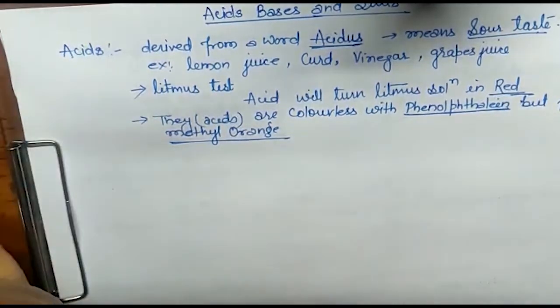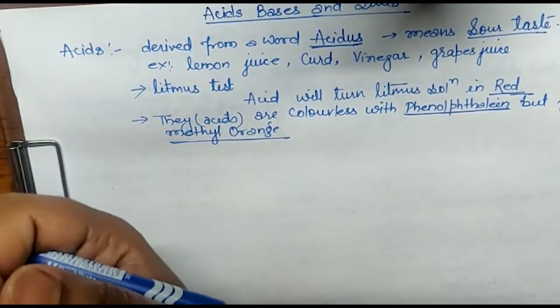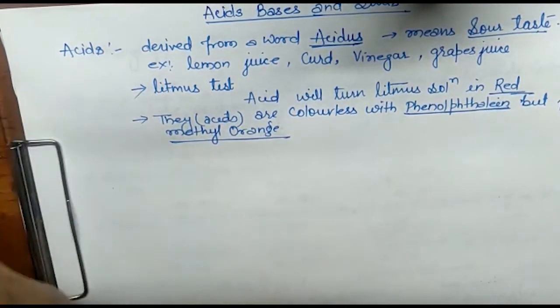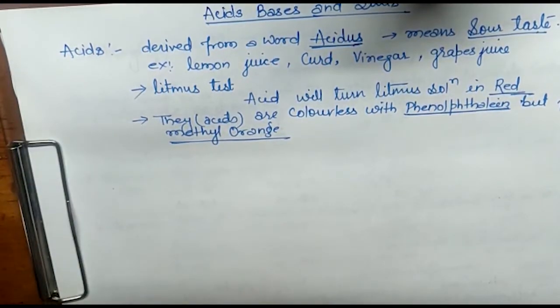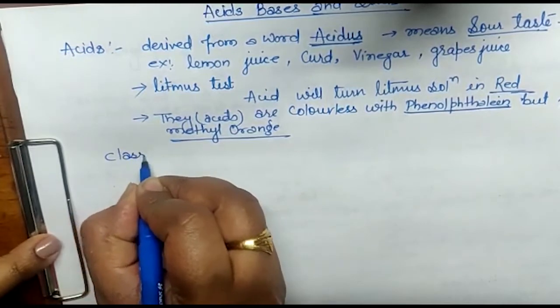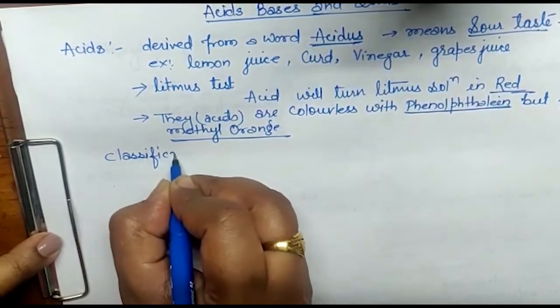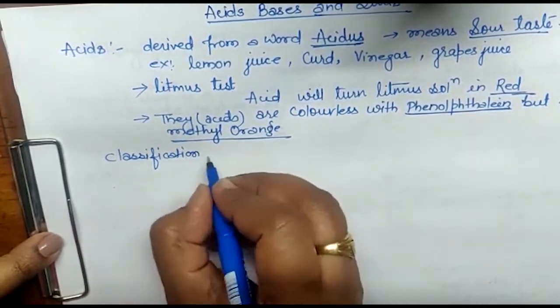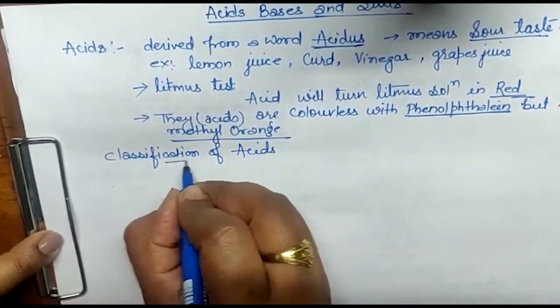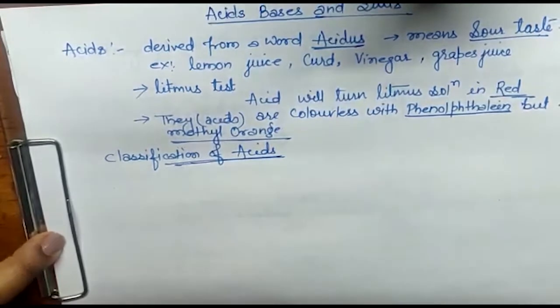Okay, so there are many substances in daily life, like tamarind we use, lemon we use. These are sour in taste and they are acidic. Now if we talk about the classification of acids, acid definitions can be defined.